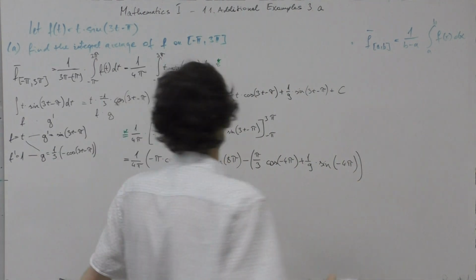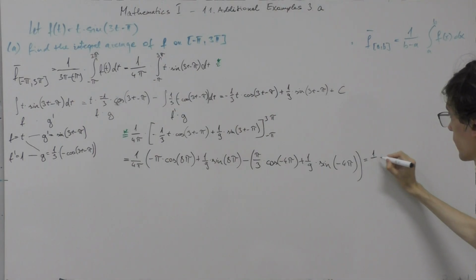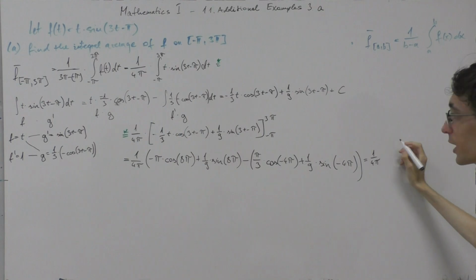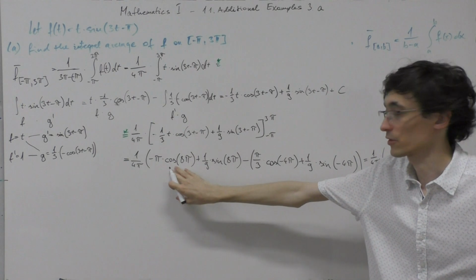And now we can simplify a bit. Of course, we have here 1 over 4 pi times negative pi times the cosine of 8 pi.